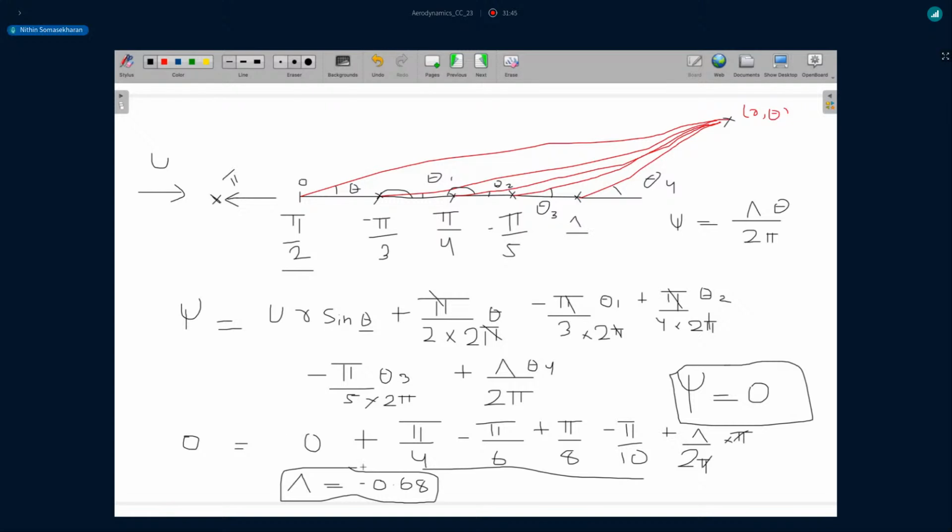That's basically how we do this problem. And then the strength of the source at this point would have to be minus 0.68 for this to form closed streamlines and resemble that of a Rankine full body. Right.